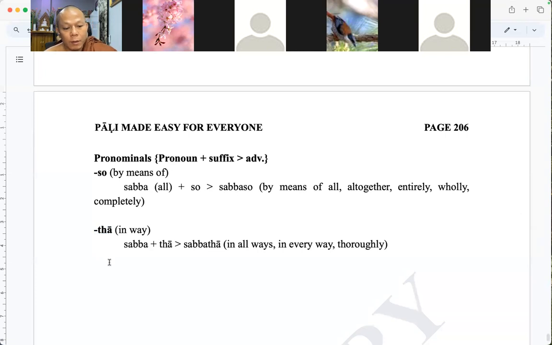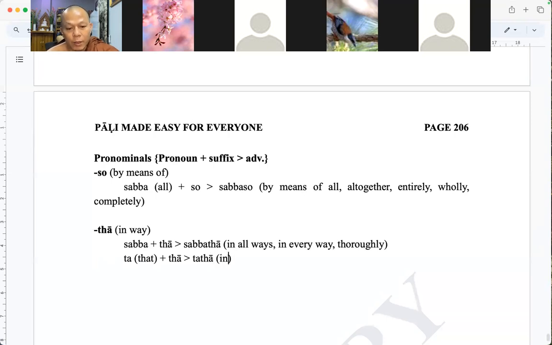And then the same way, da. So da means, we know that, and the ta. So we have the ta.